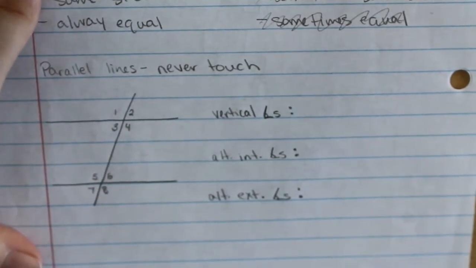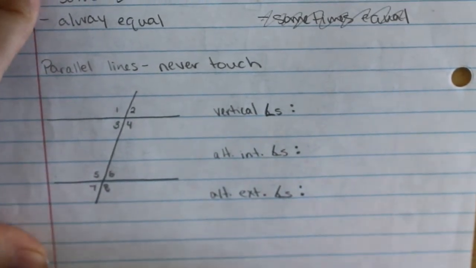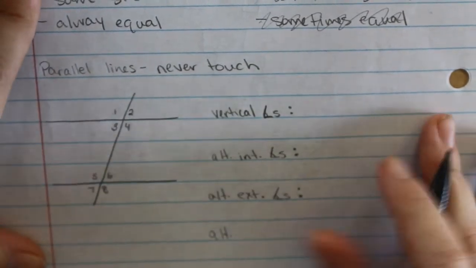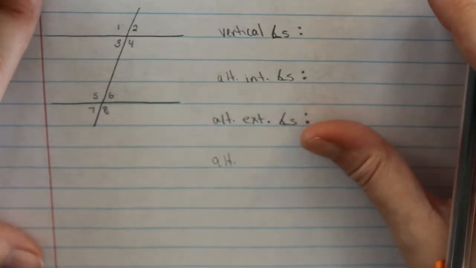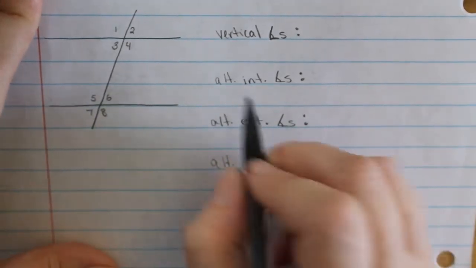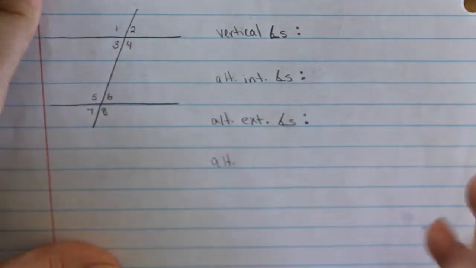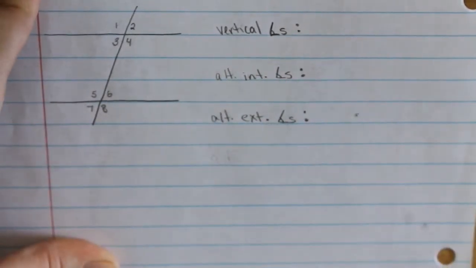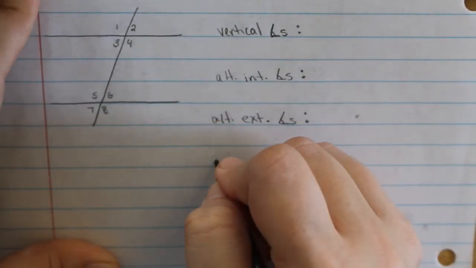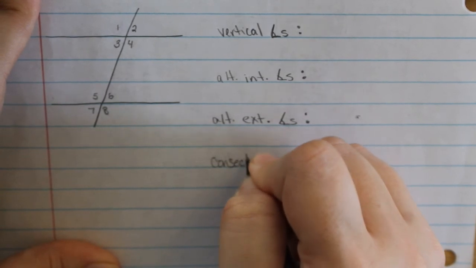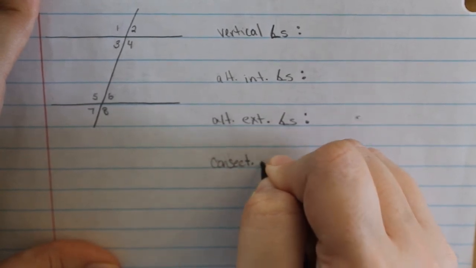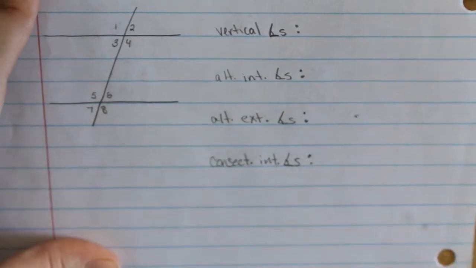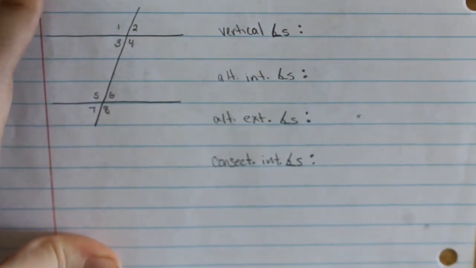Oh, and then consecutive interior. Okay, so consecutive interior is the last one we have. Notice I did not put consecutive exterior. Consecutive exterior is not an option.